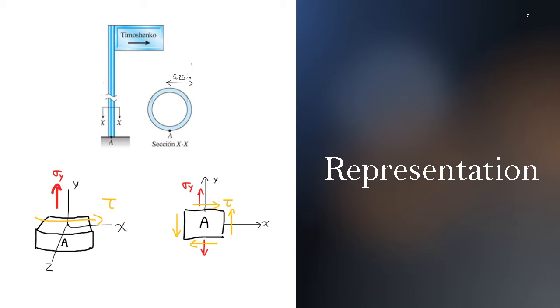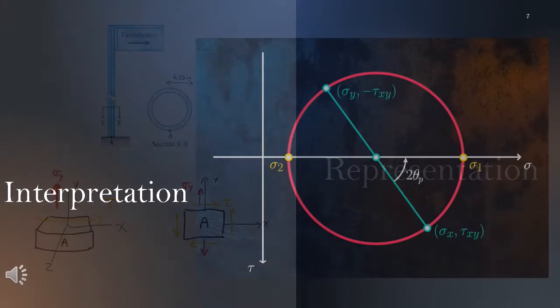So we'll change it to a plane stress, or a two-dimensional drawing. This drawing will help us to obtain the forces, have a better understanding of where it's going to move, or how it's going to be deformed, and will help us to draw the Mohr circle.